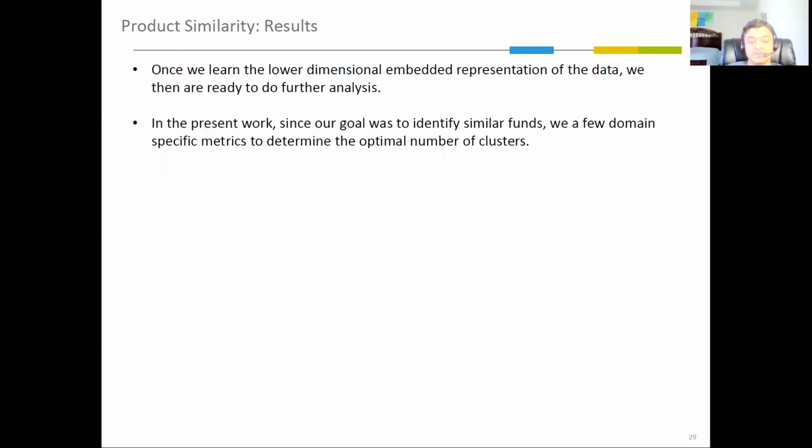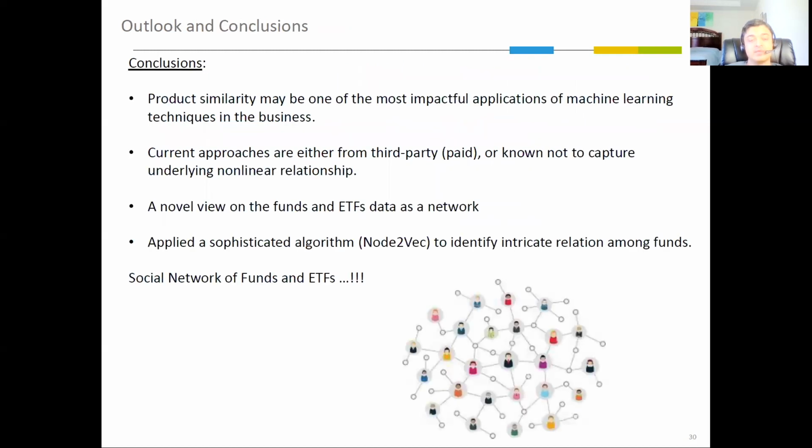Node2Vec surprisingly came up with a couple of pairs which we were not expecting to be similar. Essentially, what we are doing here is studying the social network interaction, where our social network is made of mutual funds and assets. I'll stop here.